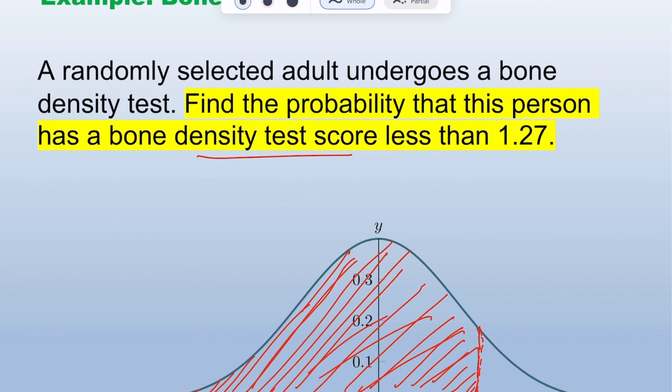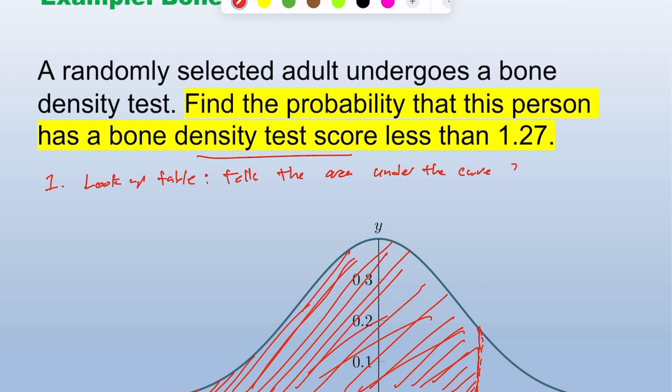First, we're going to use the lookup table. Now, the lookup table gives exactly what we are looking for in the sense that it tells us the area under the curve from negative infinity to z.